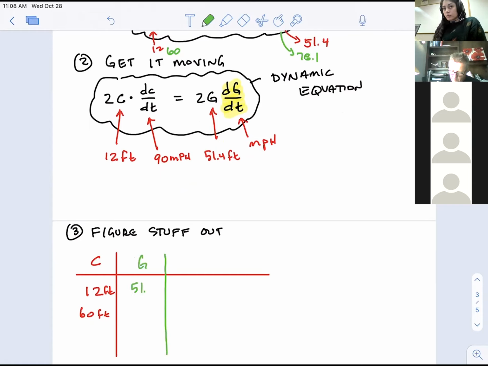So it was 51.4, now it's 78.1. And then we get dg/dt, which in the first case was 21. And this time it's 60 times 90, but then I'm dividing by 78.1. There we go. And I got 69 miles per hour. Are you getting a ticket?